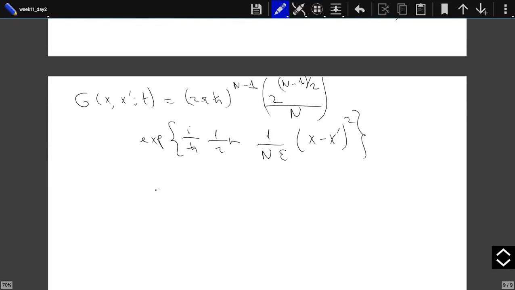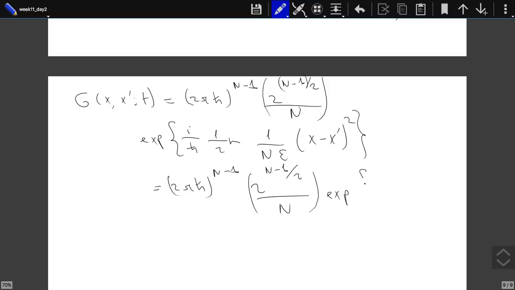This is equal to 2 pi h bar to the n minus 1, 2 to the n minus 1 over 2, divided by n, times the exponent i m over 2 h bar t, x minus x prime squared.